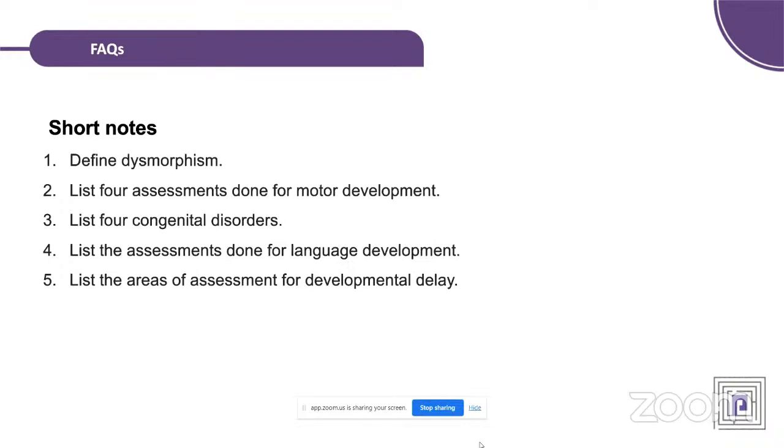Based on these milestone achievements, the assessment of motor development will be discussed. And list four congenital disorders. All these we have already discussed, like thalassemia, sickle cell anemia, and cystic fibrosis. These are genetic disorders which are present since birth. Next, assessments done on language development in the areas of assessment of developmental delays.